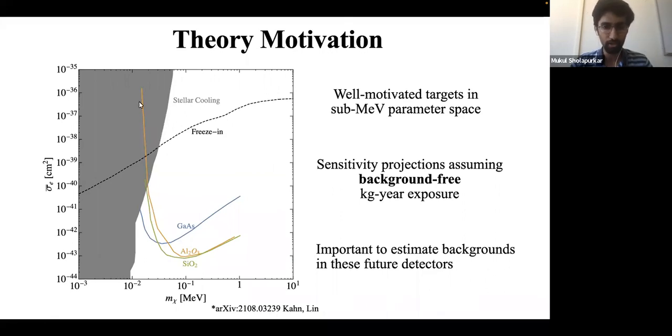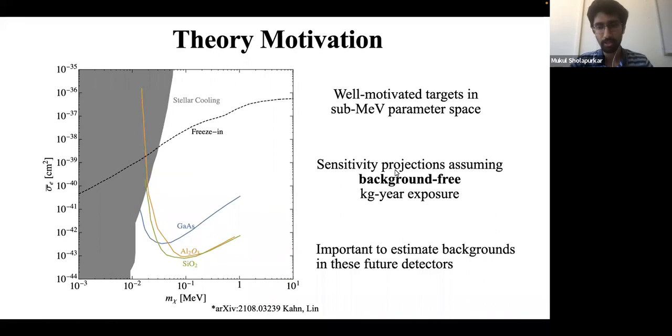And if we plot sensitivity projections in these experiments, assuming background-free kilogram-year exposure, so clean kilogram-year exposure in these experiments using these 3 different materials, then the situation seems very nice. It seems we can probe this freeze-in target in these experiments if we get single phonon sensitivities, which we'll probably get soon.